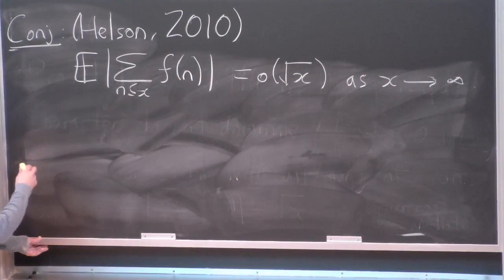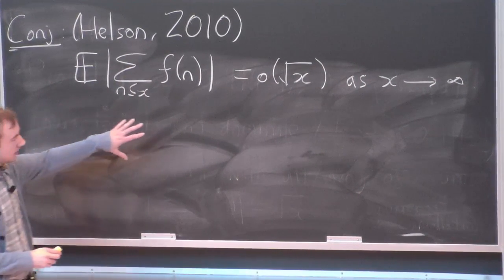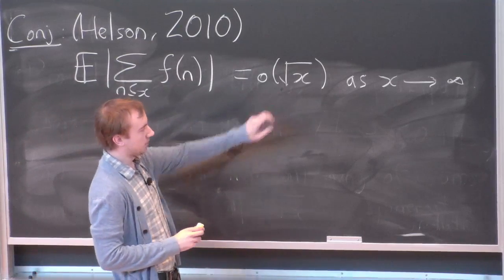Okay. Now, it wasn't known how to go about proving this. No upper bounds were known that were better than square root x.